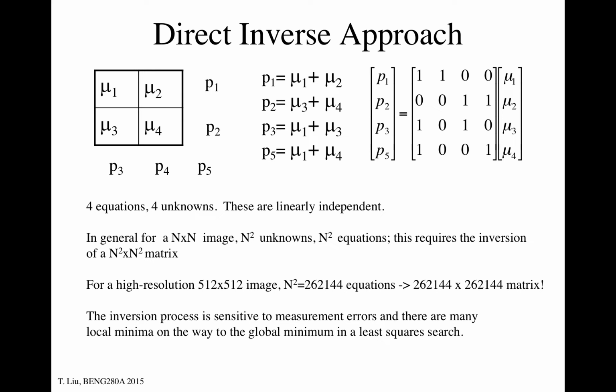However, this is not commonly the way CT reconstruction is done anymore. This was the way Hounsfield did it when he had something like 40 by 40 pixels. We've got 512 by 512 pixels, right? This becomes an enormous matrix. It's n squared by n squared, that's how many dimensions you have in this matrix.